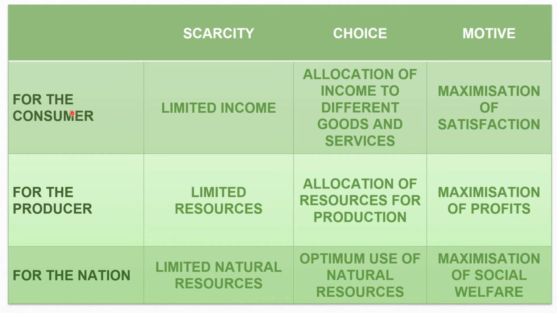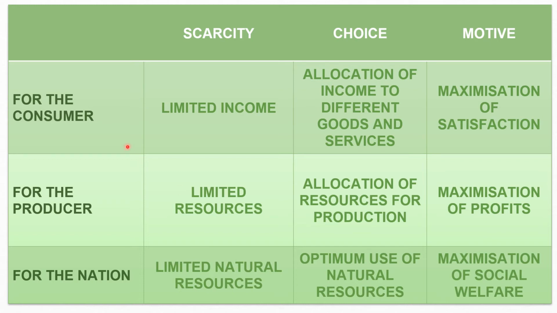For the consumer, he has to make a choice as to the allocation of his income to different goods and services. Where the producer is concerned, he has to allocate his resources or raw materials for the production of various goods and services. The nation has a choice to make as to what is the optimal or best use of the natural resources available to them.